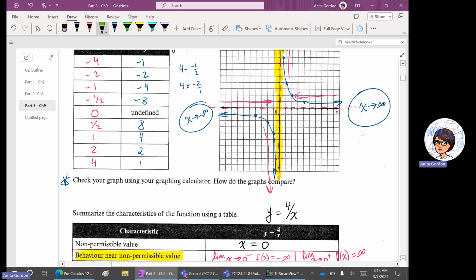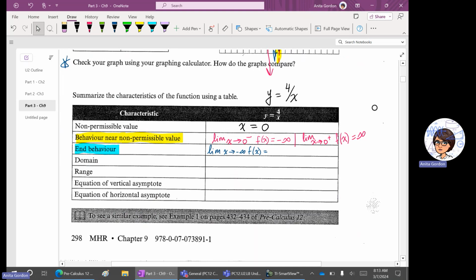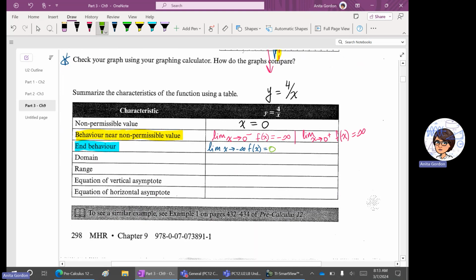Okay, so as x goes to the left forever, my graph is going up and to the left, but it cannot cross the dotted red line. So my function is actually approaching 0. It's coming up and to the left, getting close to 0, but cannot touch it. And same thing as I look at what's happening as x goes forever in the positive direction.